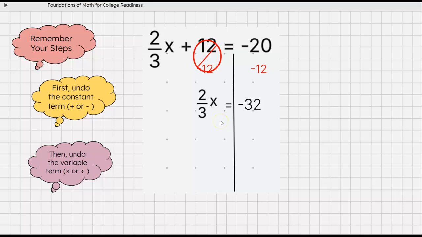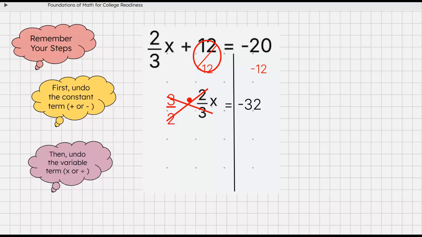If you have a fractional coefficient like 2/3 or 3/5, but in this case it's 2/3, you are going to multiply by the reciprocal. The reciprocal, remember, is the flipped version of the fraction. So 2/3 times 3/2, that will actually cancel out to give you 1x.